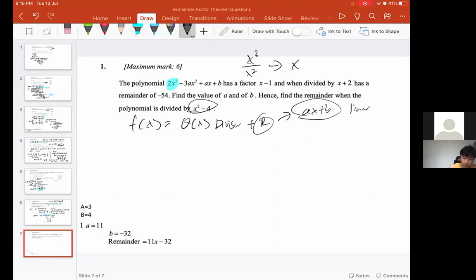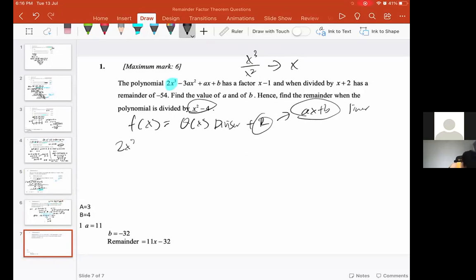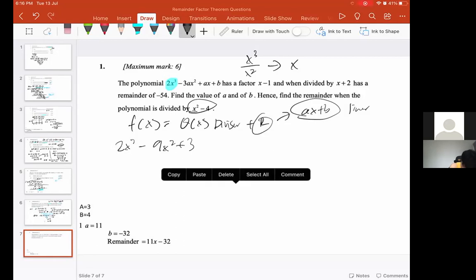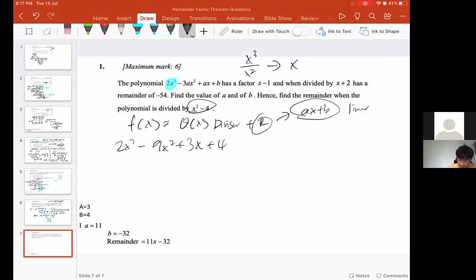All right, so we have 2x cubed minus 9x squared plus 3x plus 4. Sorry, these things keep popping up. So annoying.